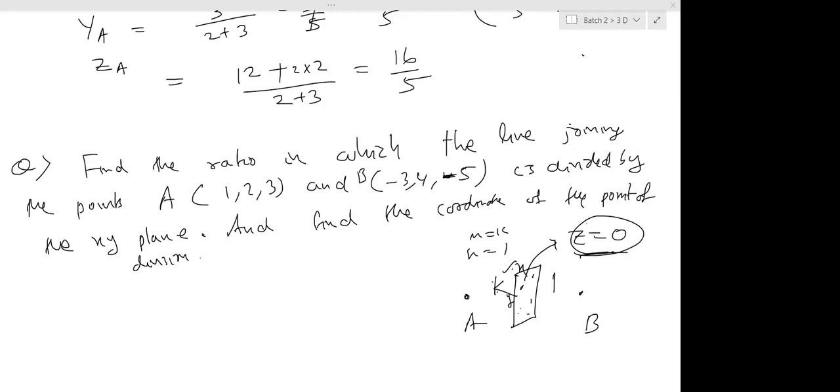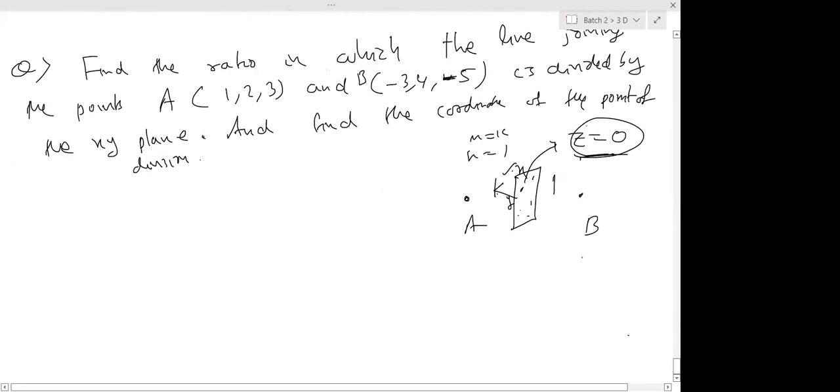All right, have you solved it? Rahman, Mazia, Peer? Okay, let's see. I assume the coordinates to be x comma y comma 0, right? Because it is in xy plane and the ratio is k is to 1.